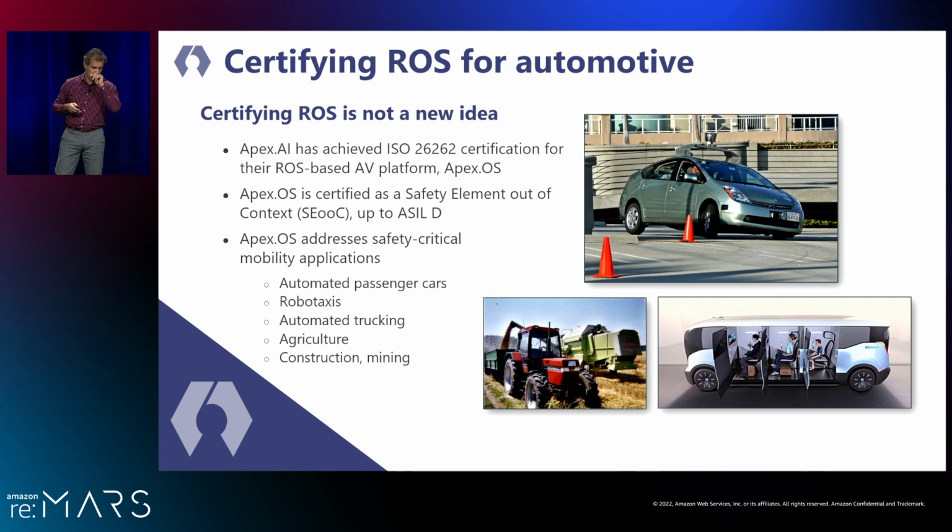And Apex OS was actually certified up to ASIL D, which is the highest level in ISO 26262. And they're able then to use Apex OS for safety critical mobility applications like automated cars, autonomous cars rather, robotaxis, autonomous tractors, all of these types of applications.